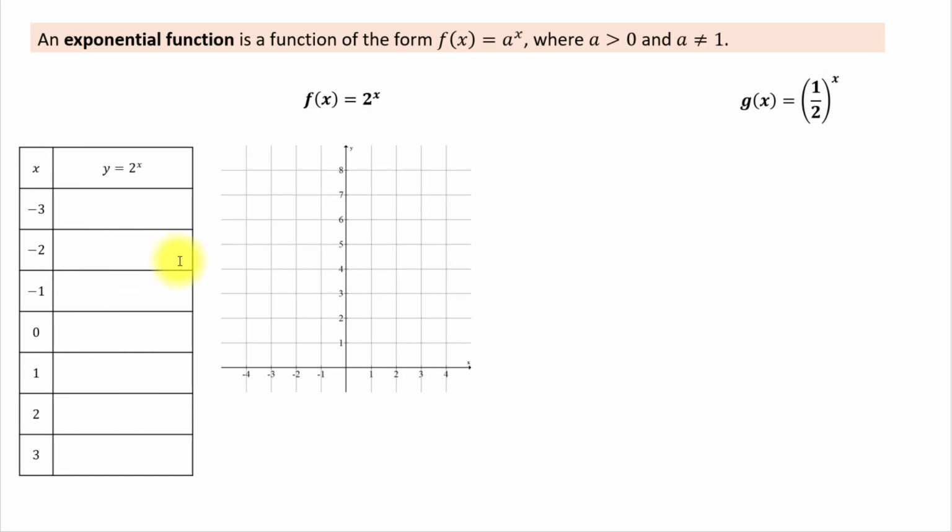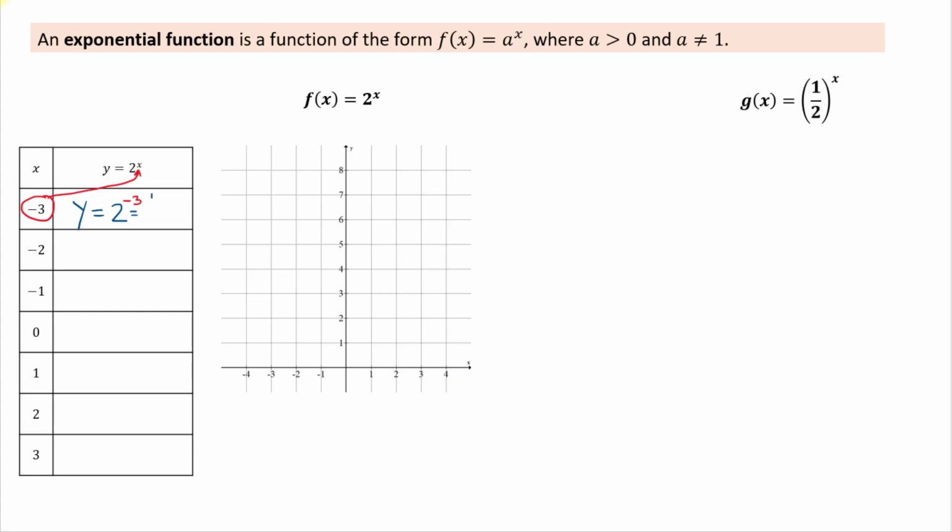Let's find and plot points for the graph of the function f of x equals 2 to the power x. These are the x values that I'm going to use. When x equals -3, to find the corresponding y value, I have to take 2 and raise it to the power -3. That's because I take -3 and plug that into the function for x. Every time I raise a number to a negative power, I first have to rewrite it with a positive power.